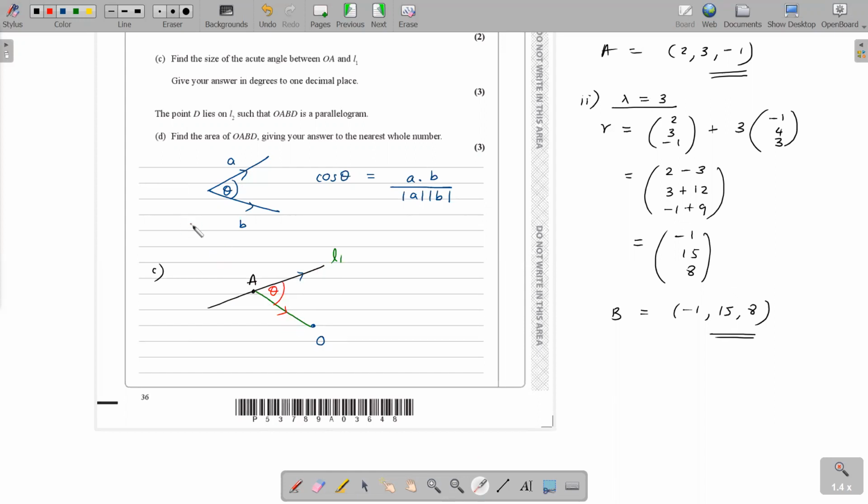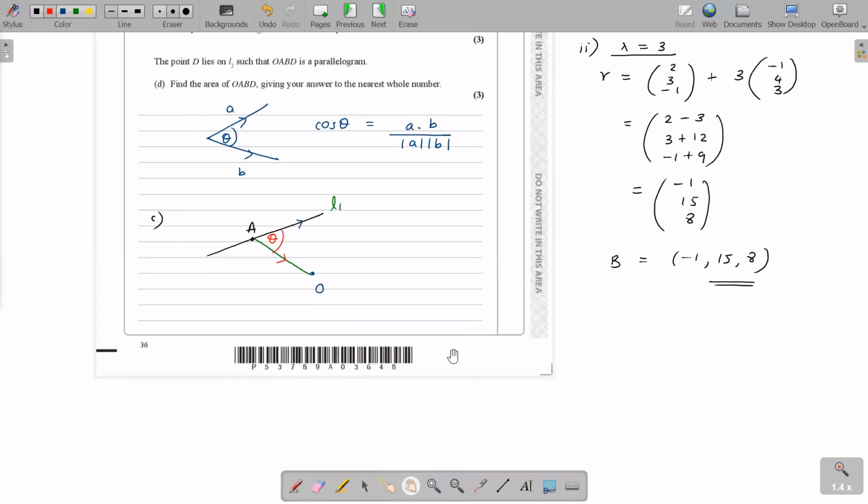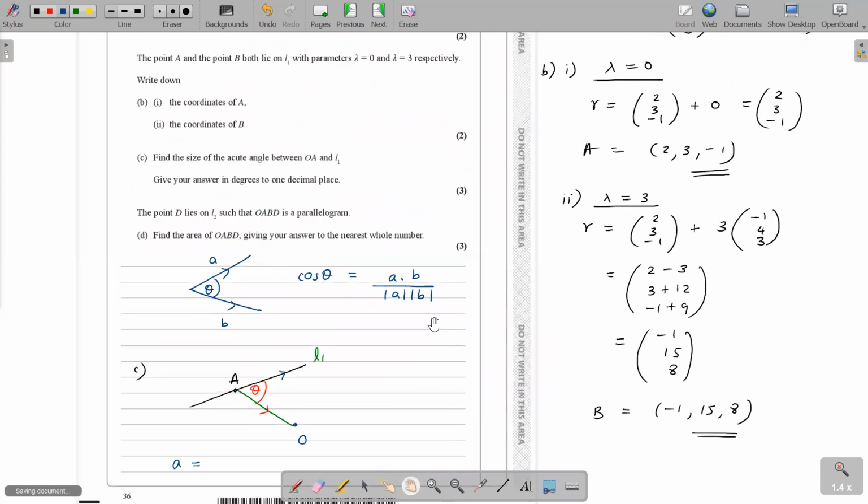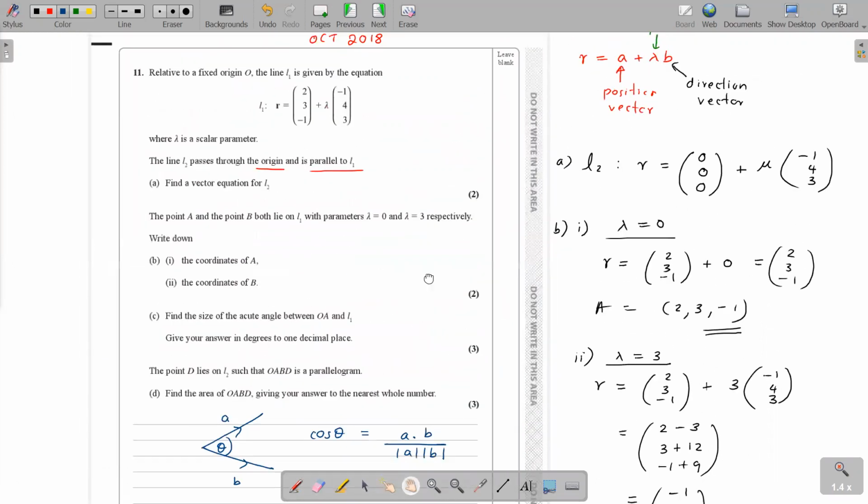It actually doesn't matter, because one will give you the acute angle and the other will give you the obtuse, and with the obtuse you just do 180 minus that answer to get the acute. I will go with the diagram that I have drawn. According to it, my vector A is the direction vector of line 1. What's the direction vector of line 1? That is minus 1, 4, and 3.